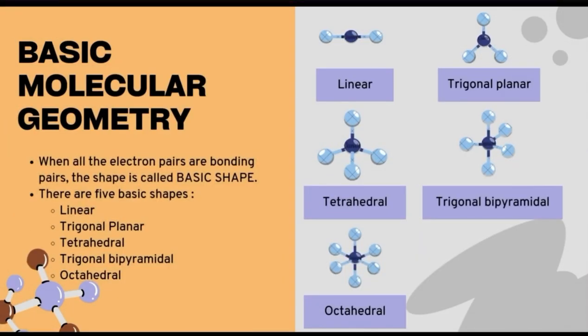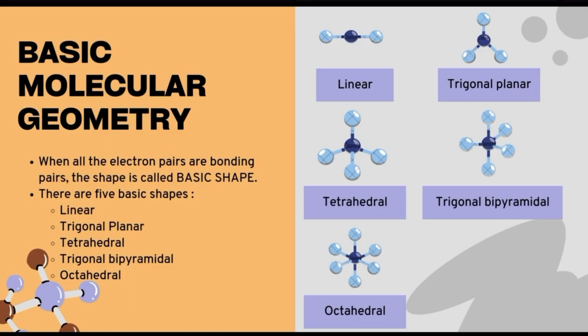Now let's talk about the basic molecular geometry. Basic molecular geometry occurs when there is no lone pair on the central atom. For example, when the electron pairs of the atom consist of all bonding pairs, the molecular geometry of the atom is in the form of a basic shape.